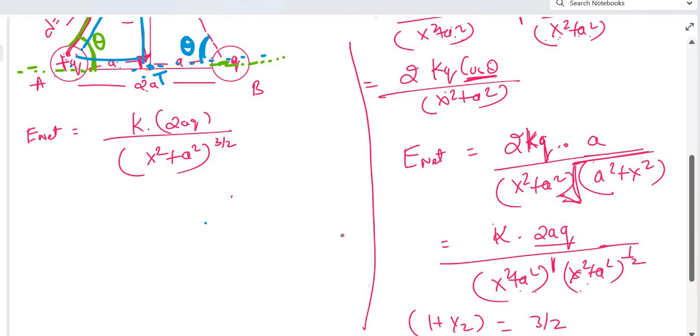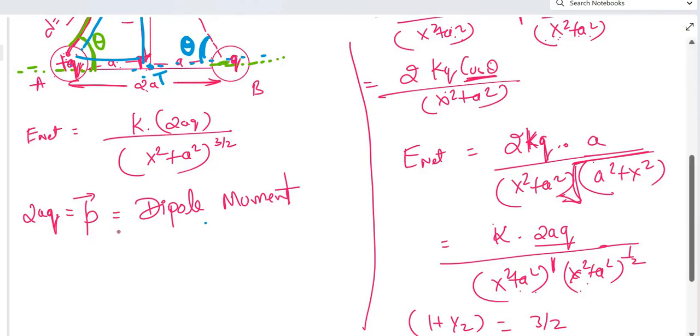Okay. What is 2AQ? Anybody remembers? So 2AQ is nothing but P, which is also known as dipole moment. That is how it is defined. Remember that dipole moment is the product of charge Q with the distance 2A, which is 2AQ.